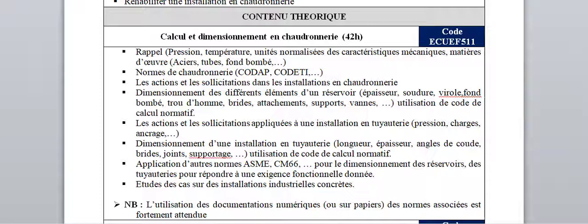The point number 8 is very interesting since it will permit the student to apply all the previous points in order to carry out case studies on real boilermaking industrial installations.